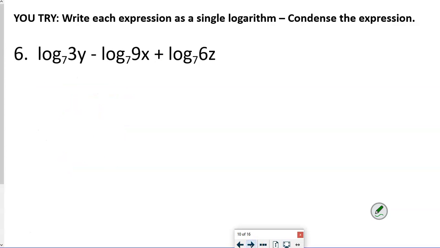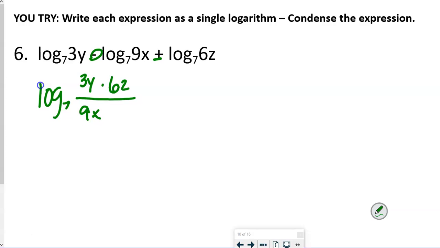Here again, let's see if you guys can do this and then come back to me when you're done. Once again, we have the same base, log base 7. So we have log base 7 of 3y. And then we have this minus, that means this one's going to the bottom. So that's going to be 9x. And then we got plus, that's going to the top. So that's going to be 6z. Now, hopefully you remember that when we have coefficients out front, we can simplify those.